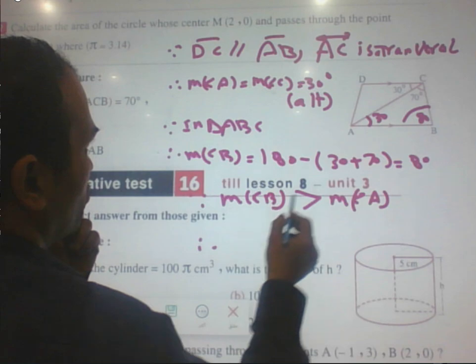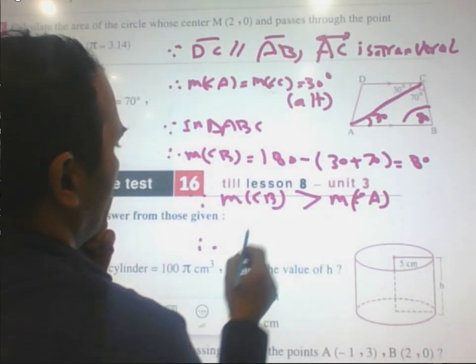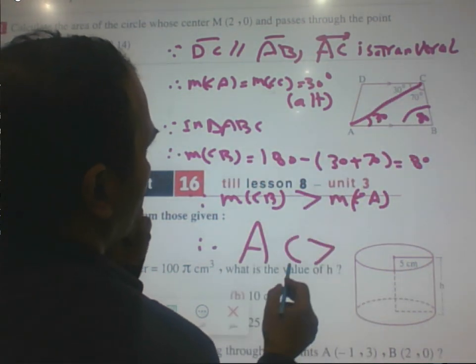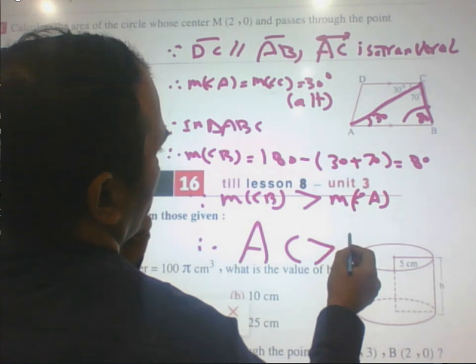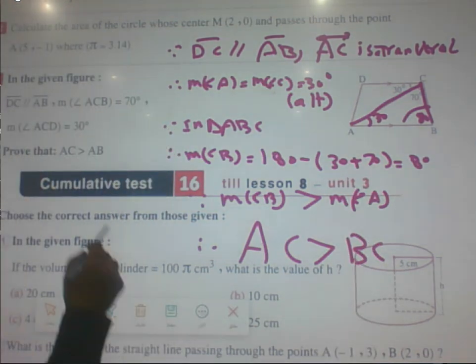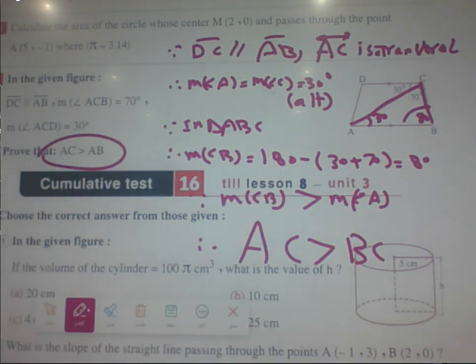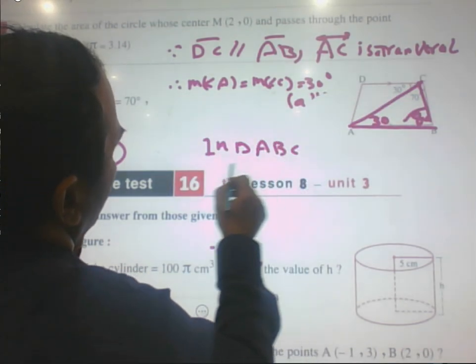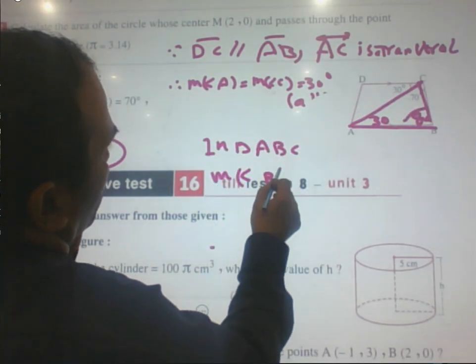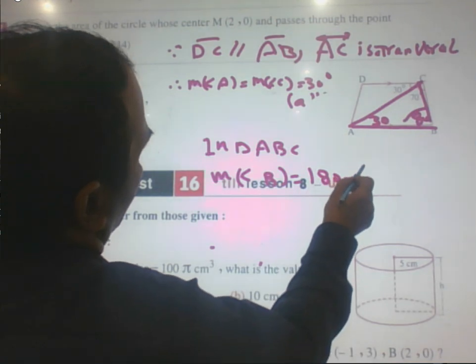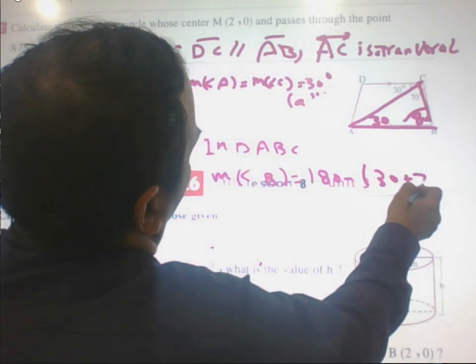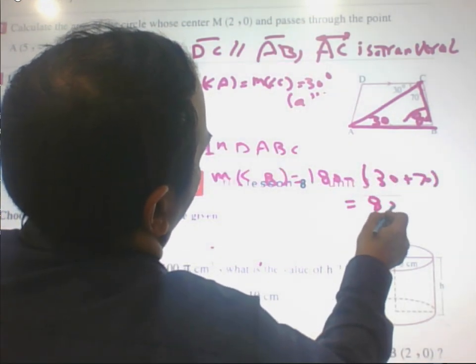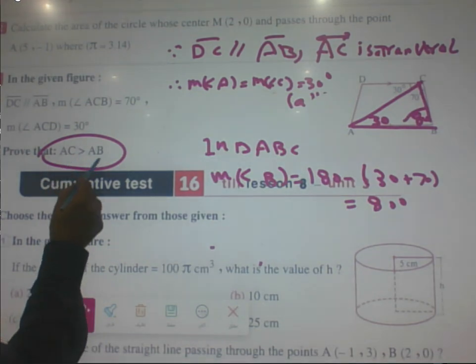In the opposite side of B, we have EC is greater than the side opposite 30, which is BC. Okay, then you want the relation about triangle ABC: the measure of angle B equals 180 subtract 30 plus 70, equals 80 degrees. You want to prove that AC is greater than AB.